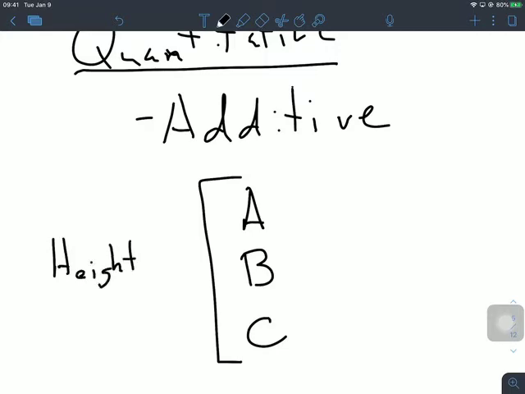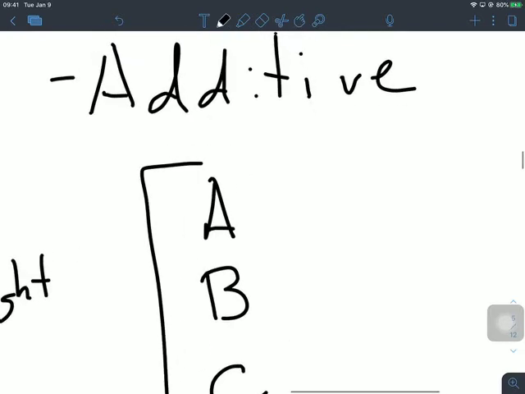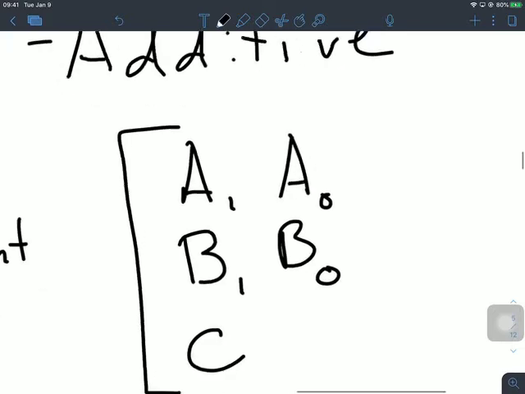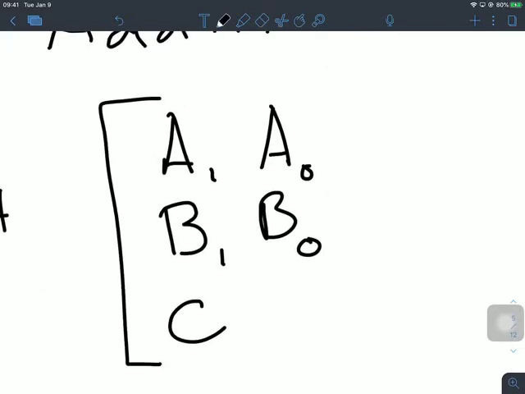Height is one of our greatest or most quantitative traits in terms of human genetics. Gene A might add an inch to height if it's got allele 1, and nothing to height if it's got allele 2. Gene B will add 1 inch to height if it's got allele 1, and nothing if it's got the second allele, allele 0. Same goes for C.